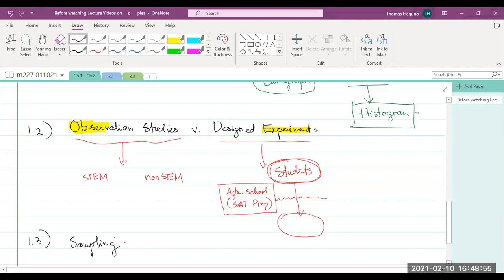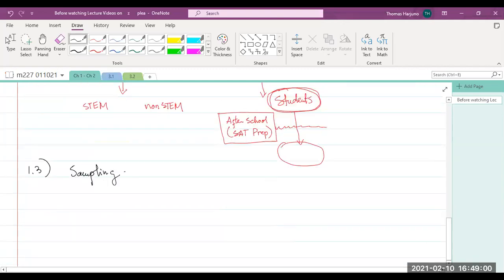We talk about sampling, and then in the sense of whether our sampling method will be with repetition or without repetition. Okay, sometimes we call that with replacement or without replacement.